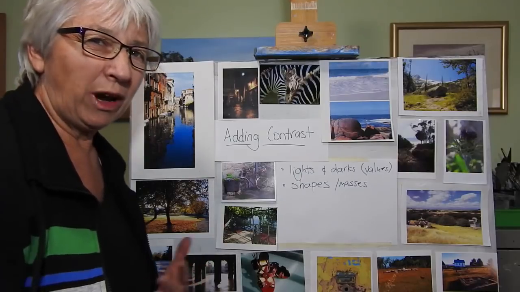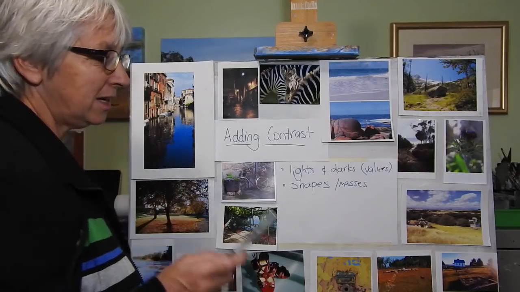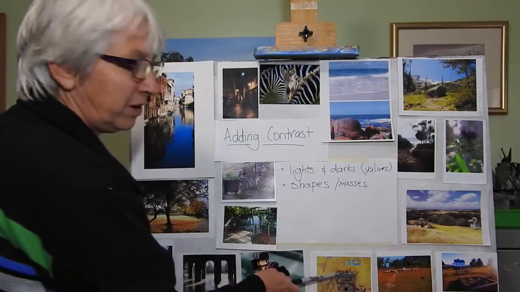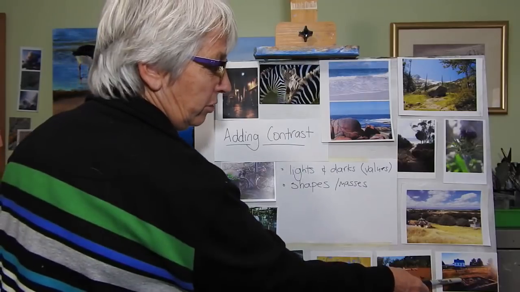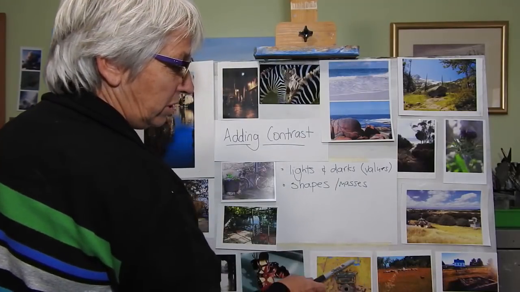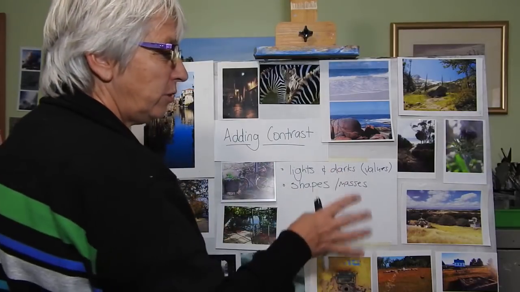Another very recognisable way of adding contrast is through colour. And so down here you can see four paintings that all have blues and yellows, yellowy oranges. Now with complementary colours you get a really good contrast.